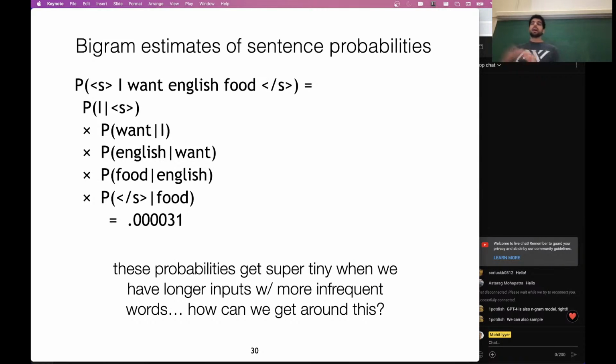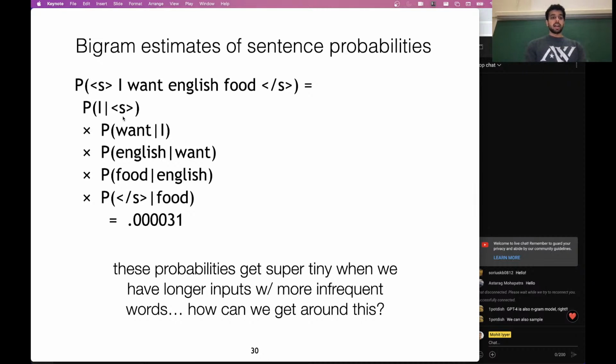All right, so now if we have this bigram model that we've estimated from these restaurant reviews, we can use it to compute the joint probability of a piece of text. So here, the probability of "I want English food" is decomposed into the product of these bigram probabilities, right?